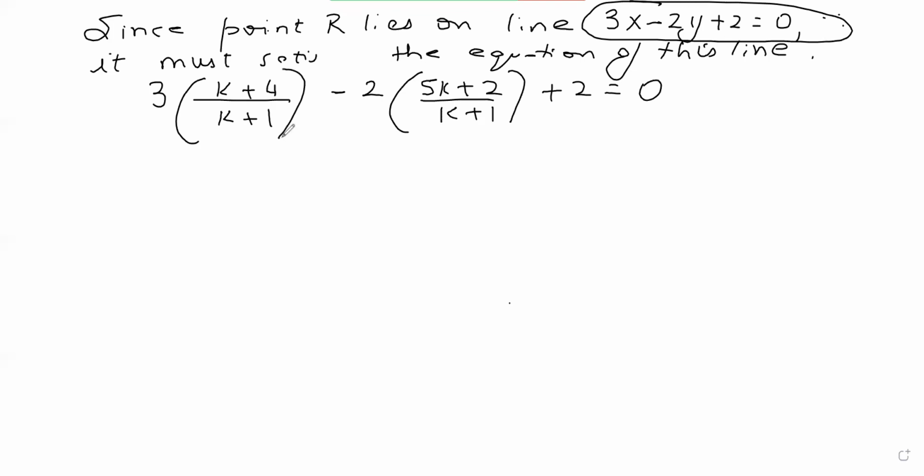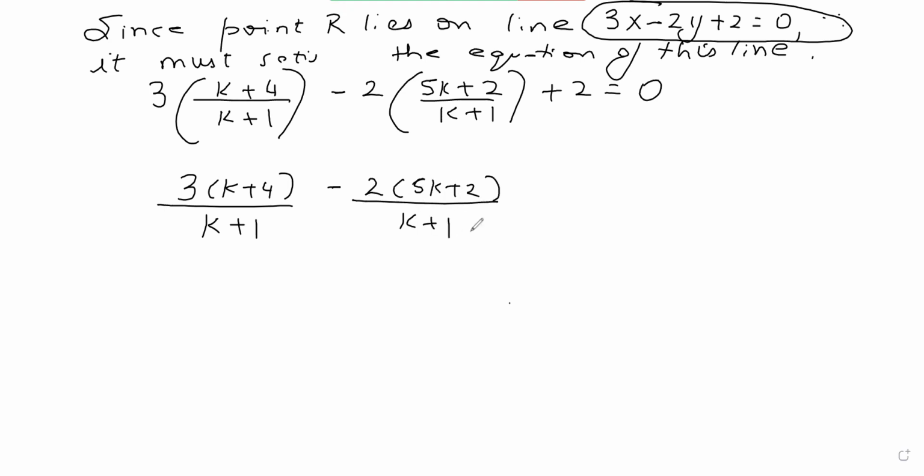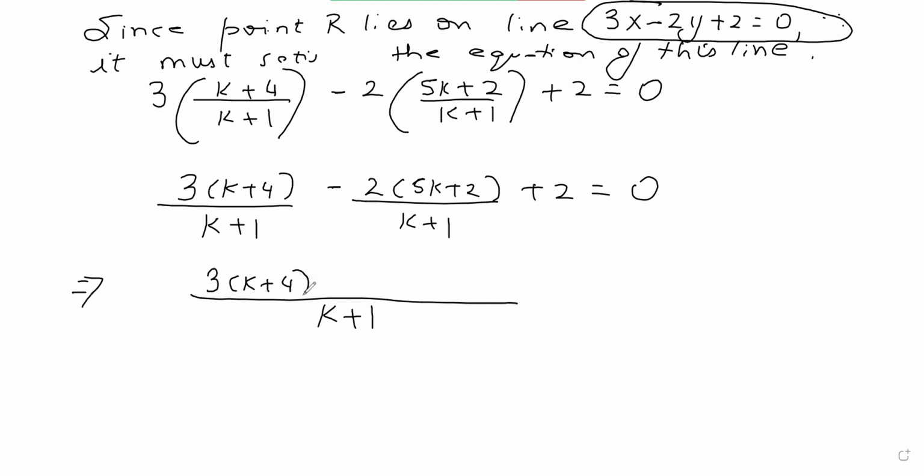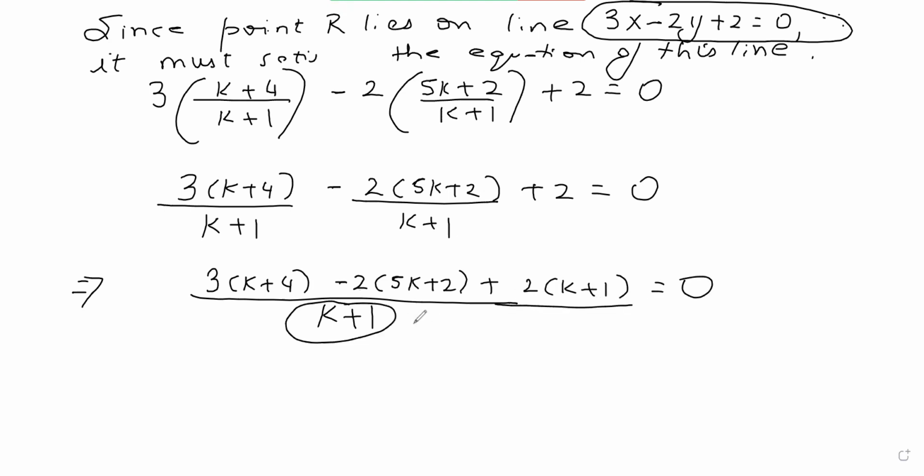So I can say that 3 times (k + 4)/(k + 1) minus 2 times (5k + 2)/(k + 1) plus 2 is equal to 0. I can take k + 1 as my LCM. So I get 3(k + 4) - 2(5k + 2) + 2(k + 1) = 0. The denominator gets multiplied here and becomes 0.